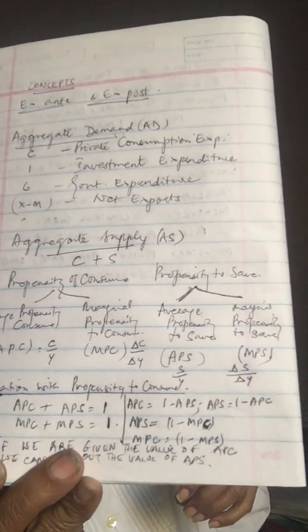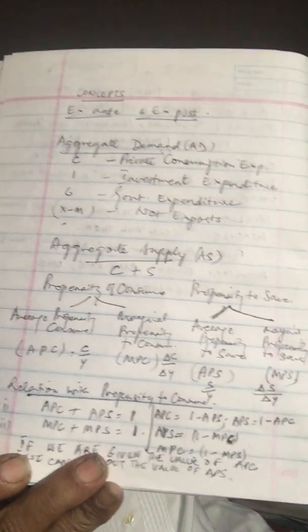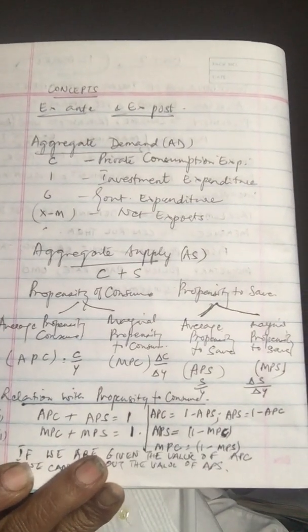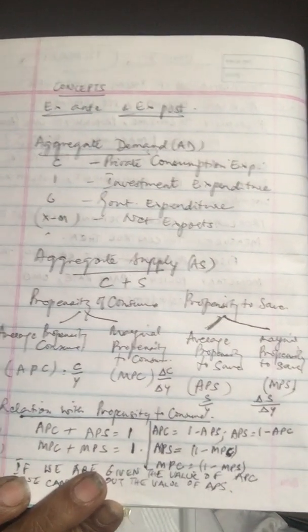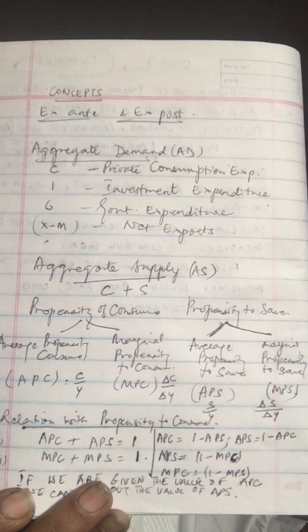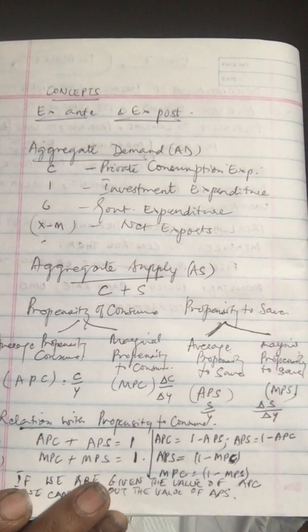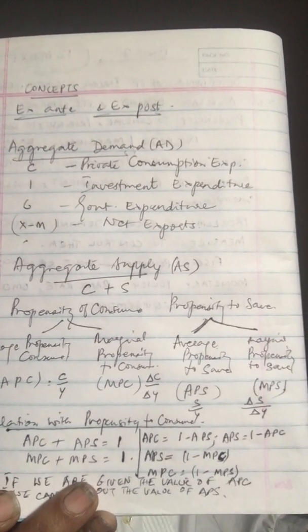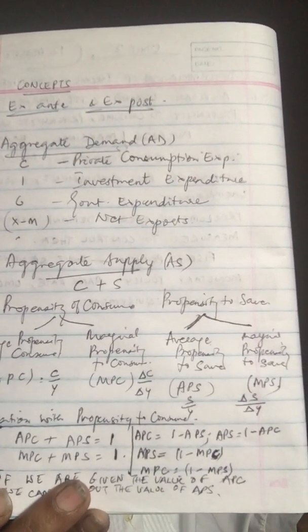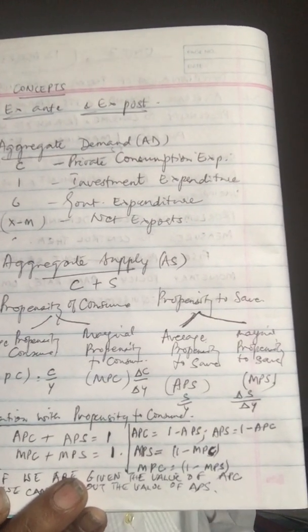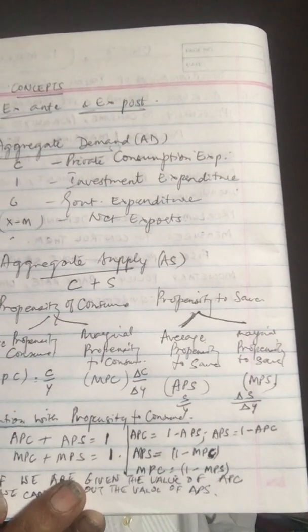In order to explain his concept and his digression from the classical view, he has used concepts like ex ante, which means planned, and ex post, that is actual, and the aggregate demand, what are its components, and aggregate supply.